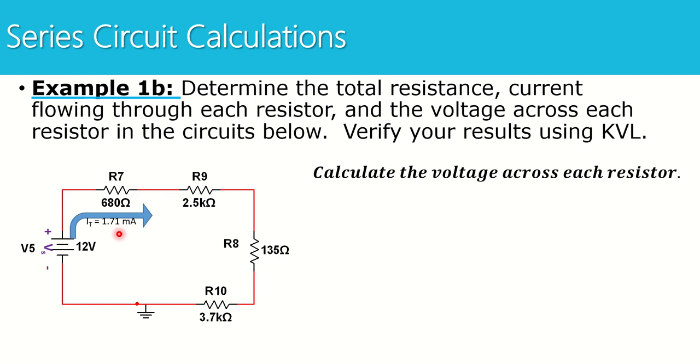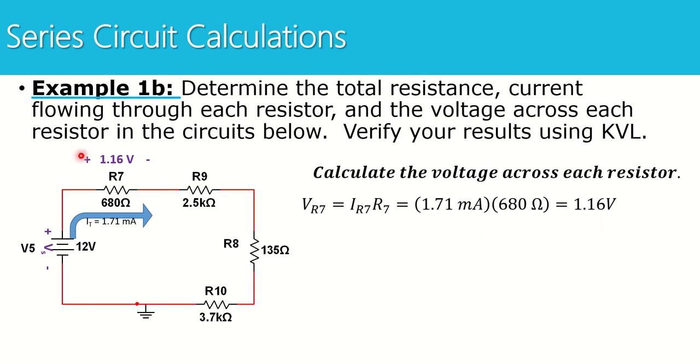Now I can use Ohm's law to calculate the voltage for each resistor. So the voltage for R7 is the current through times its resistance. And once I get my voltage, I'm going to add it to my diagram showing the polarity.